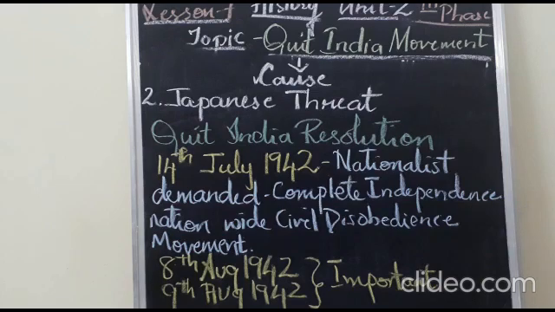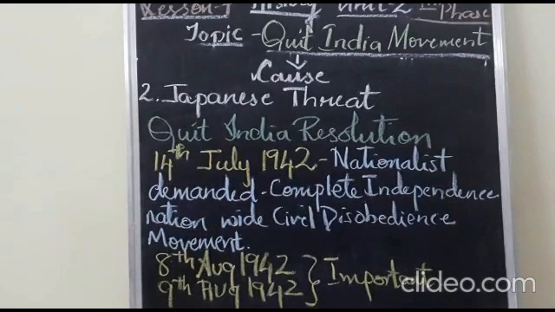So when was it done? 14 July 1942. So who gathered and who passed the resolution? The nationalist leaders with the help of Gandhiji. They passed a resolution demanding what? Complete independence from the British. And this embarked a nationwide massive civil disobedience movement called the Quit India movement.